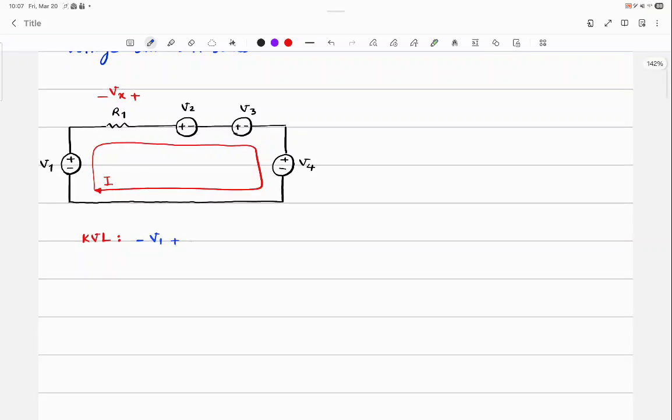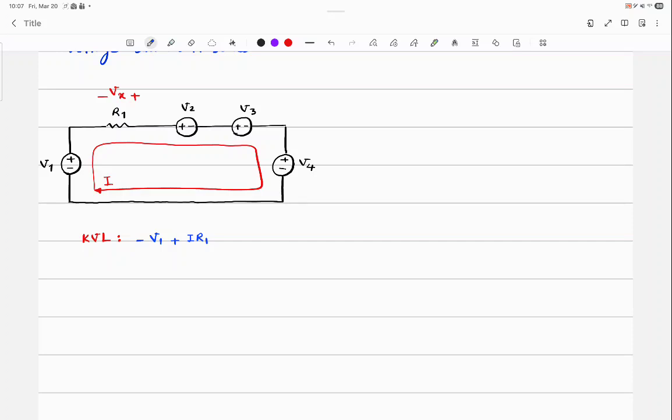Plus I R1. Do you agree with him? It should be plus or minus? I want it loud. Plus or minus? So we don't care about that label, right? Is that obvious? We don't care about the Vx label. Okay.